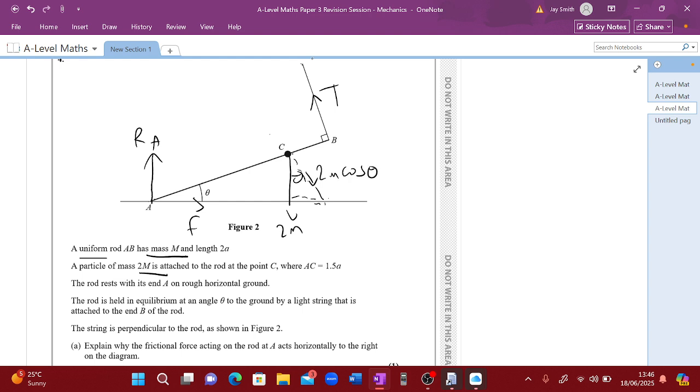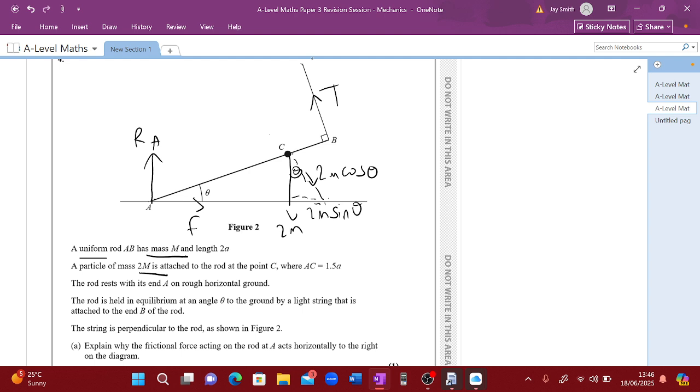Again, theta now, and the angle theta will be this way, and then this will be 2m sine theta. Okay, but there's also going to be another mass, because the rod itself is kind of like a particle, so it has its own mass.